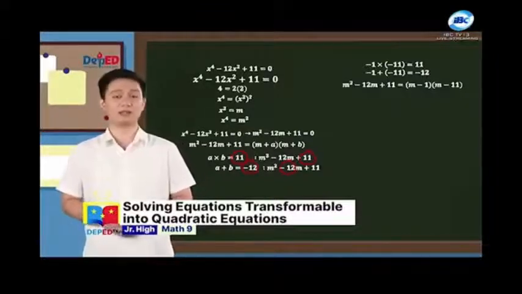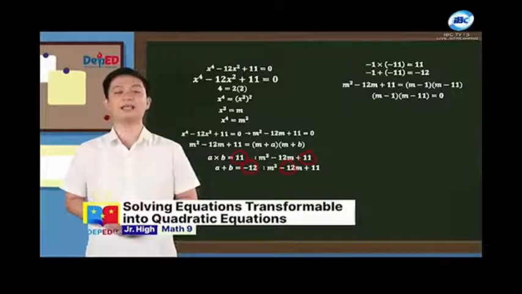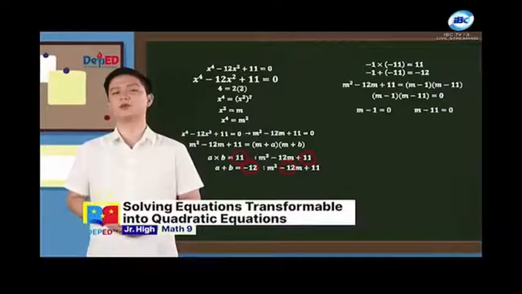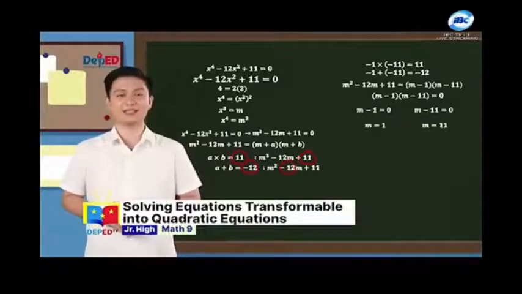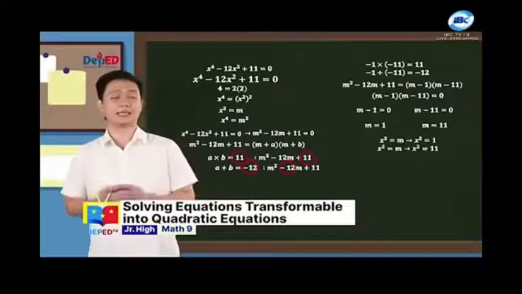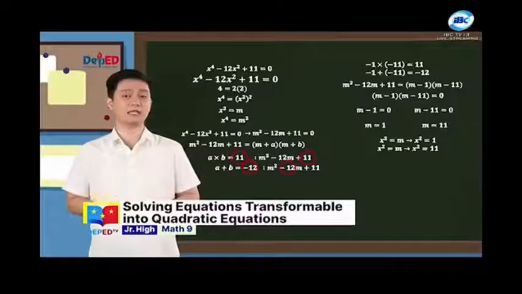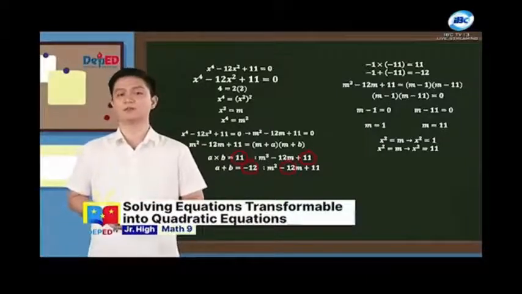So we can now rewrite the equation as m minus 1 multiplied by the binomial m minus 11 equals 0. Equating each factor to 0, we must get that the values of m are 1 and 11. And by substitution, since we let m be equal to x squared, x squared must be equal to 1, and x squared must also be equal to 11.